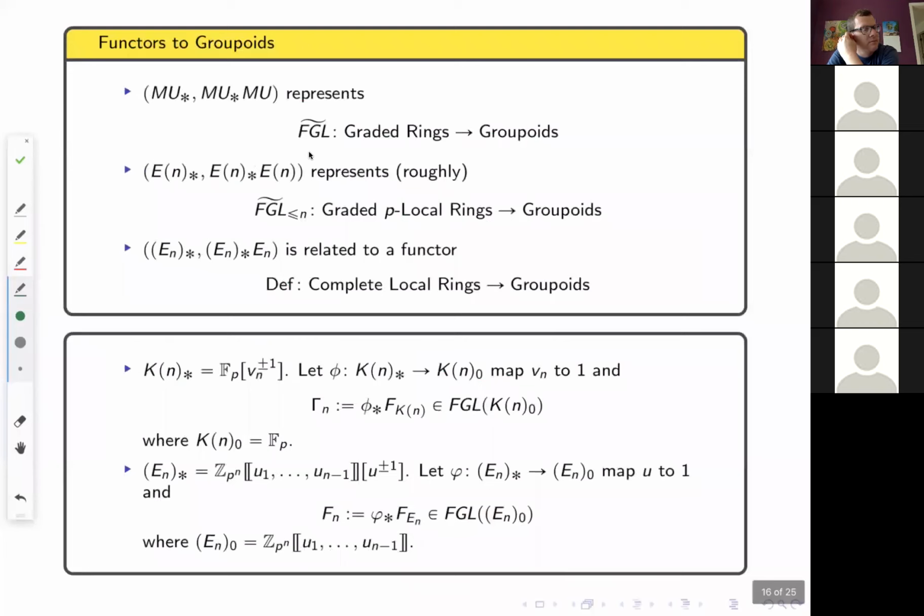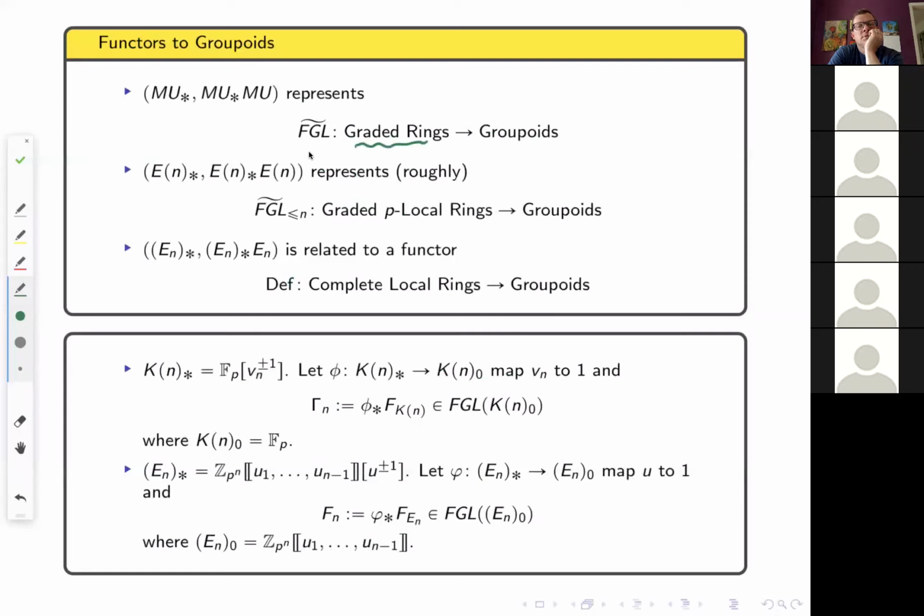And then we have that MU star and this pair with MU star MU represents a functor from graded rings to groupoids, which takes R to formal group laws with strict isomorphisms.